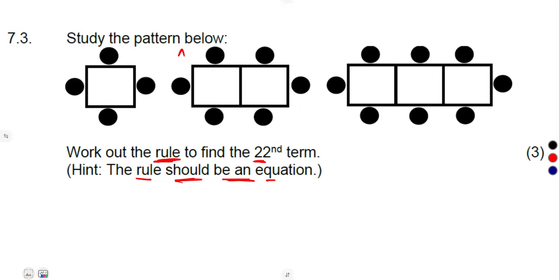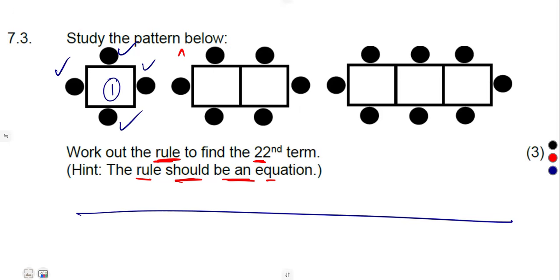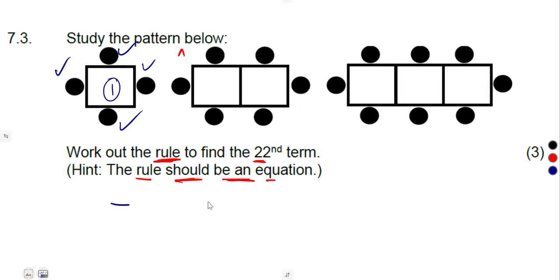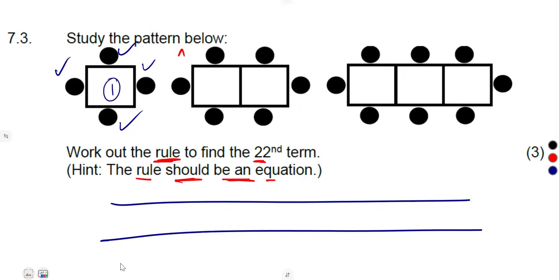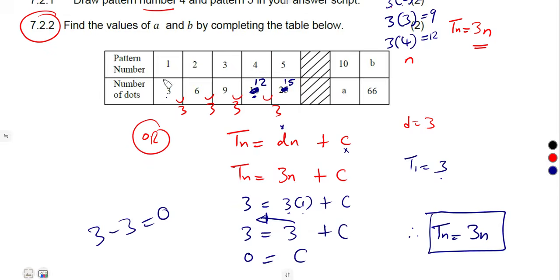So you can work in terms of a pattern or in terms of a table. Table 1 has how many dots, the number of dots that we are given. The pattern number, which represents the tables that we are seeing there, just like the previous case where you had pattern number and number of dots.